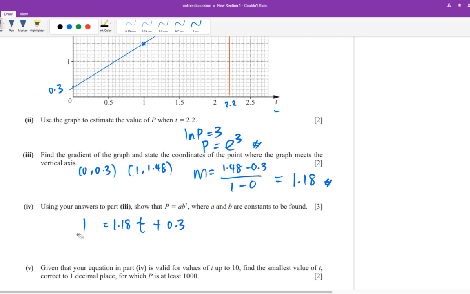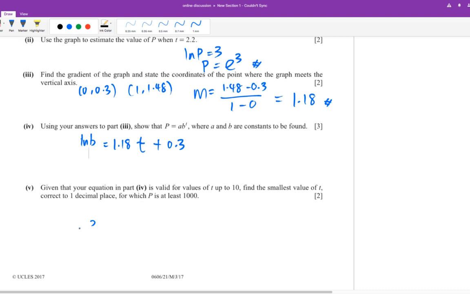Definitely this one is ln P, isn't it? So what I will do over here, you will answer in part 3. A and B can be constants.